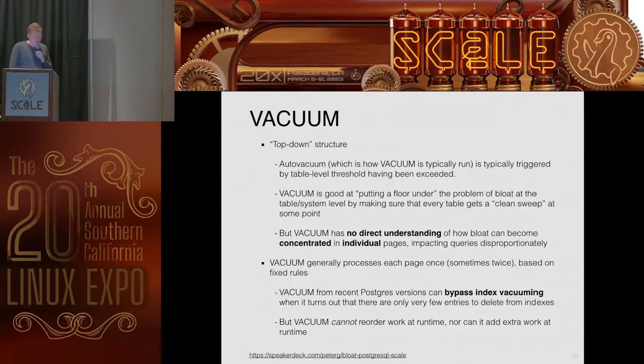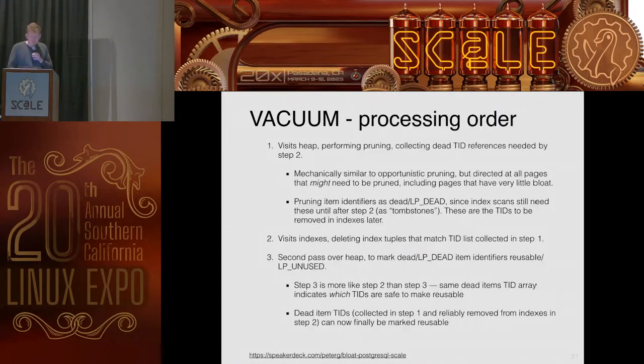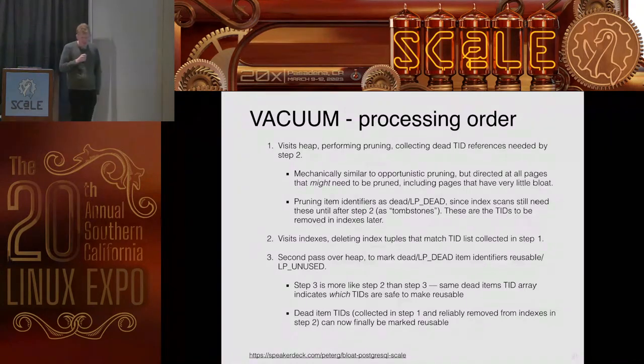It has some very limited ability to do things like drop some work, but for the most part, it's following fixed rules. It has a fixed processing order. What I'm describing are three basic steps. Fortunately, these days the instrumentation of vacuum is a lot better, so you can see this for yourself relatively easily. We'll have examples of that.